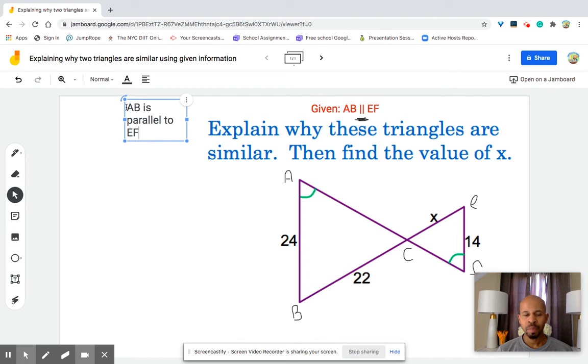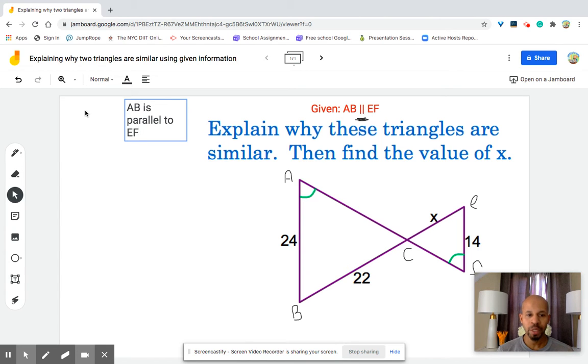Why is this important? I don't know if you remember last year, or you may have learned it somewhere else, we covered situations where if two lines are parallel and they're cut by a transversal, certain angles are created as a result of that. For example, alternate interior angles, corresponding angles, alternate exterior angles.